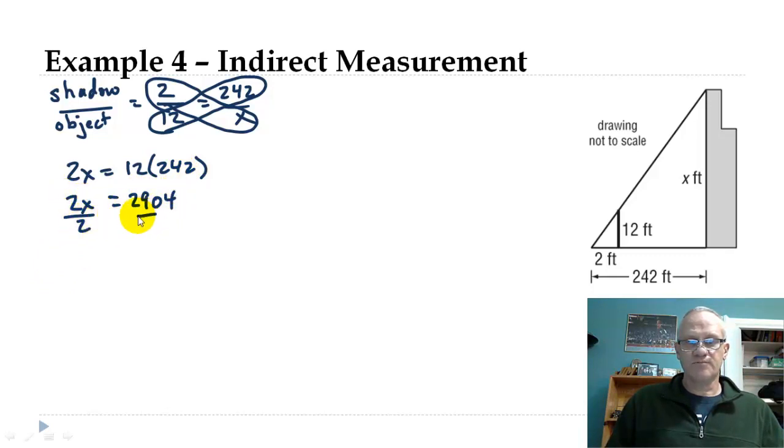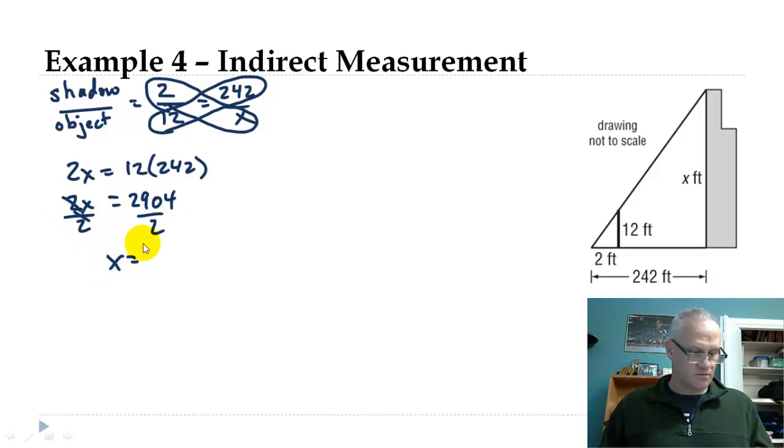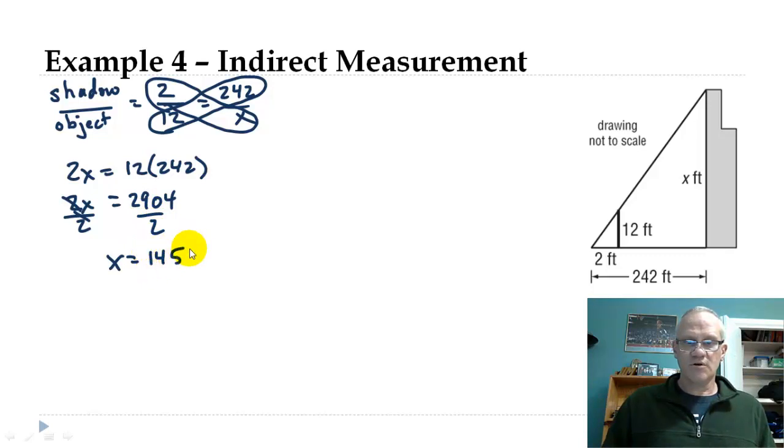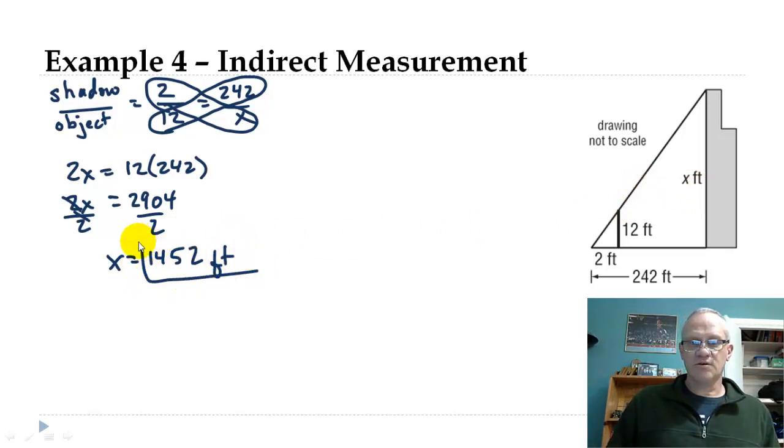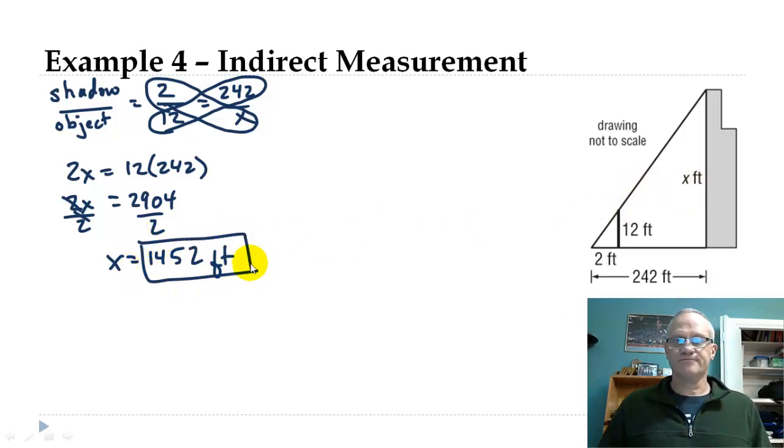And then divide by 2. And so in this case, 1452. So x is 1452, and that's the height of the Sears Tower, so it's 1452 feet. That's the height of the Sears Tower, apparently.